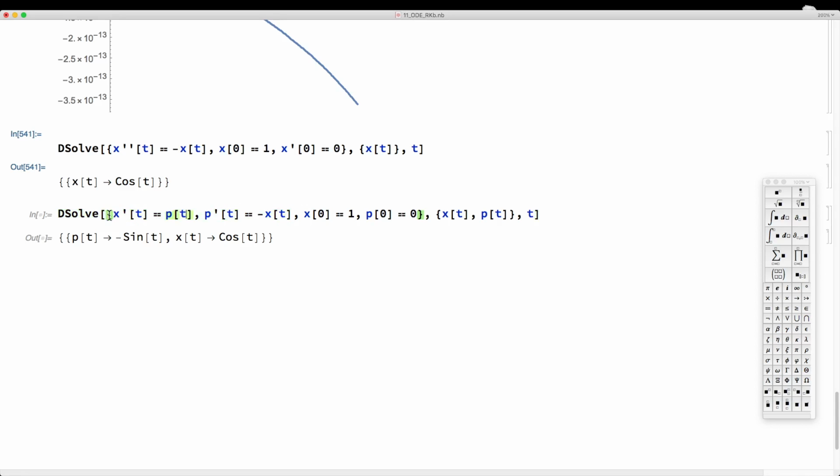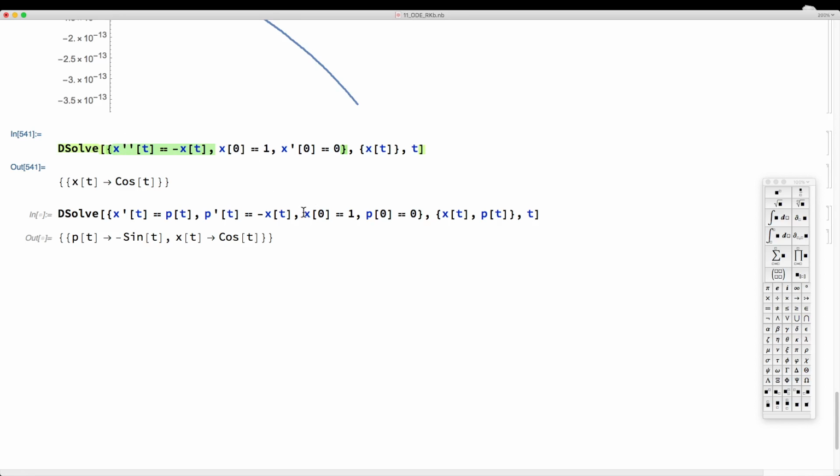So that will give us two equations that are first order. That means only first order derivatives show up here. We have first order derivatives in time. But the price we pay is that we have to use two equations now instead of one. So that's the first order reduction of a second order system.